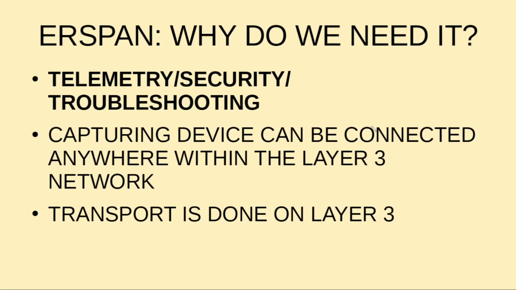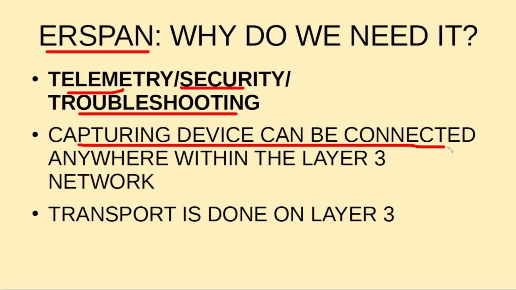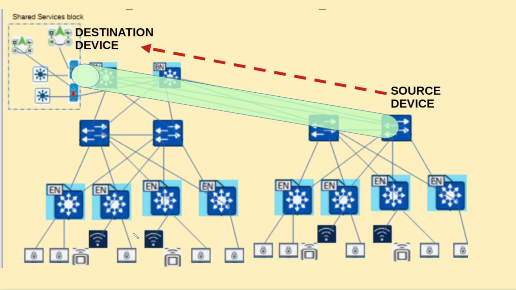Now, why would we need ERSPAN? We are still going to use ERSPAN for telemetry, security, and troubleshooting purposes, but now the capturing device can be connected anywhere within the layer 3 network. Remember that we are going to use the layer 3 network as transport. So you have more freedom now. You can locate your telemetry server, your troubleshooting server, your security server anywhere within your layer 3 network.